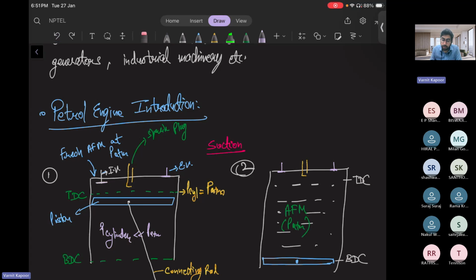Also, it would hit your inlet and exhaust valves. The piston is at very high pressure and the impact would be huge. It will damage your other components, that is your valves and your spark plug. That's why you keep a small clearance volume, a very low volume, so that it does not hit.